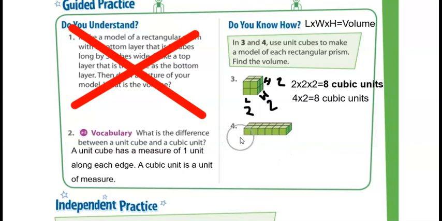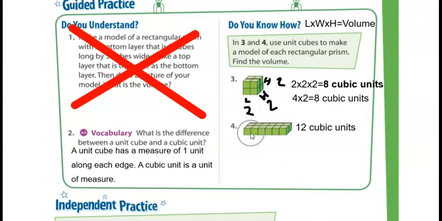On number 4, this one's super easy because you only have 1 layer. So really all you have to do is just count up your boxes. So 1, 2, 3, 4, 5, 6, 7, 8, 9, 10, 11, 12. So we can kind of check this again by using our volume formula, taking that length.